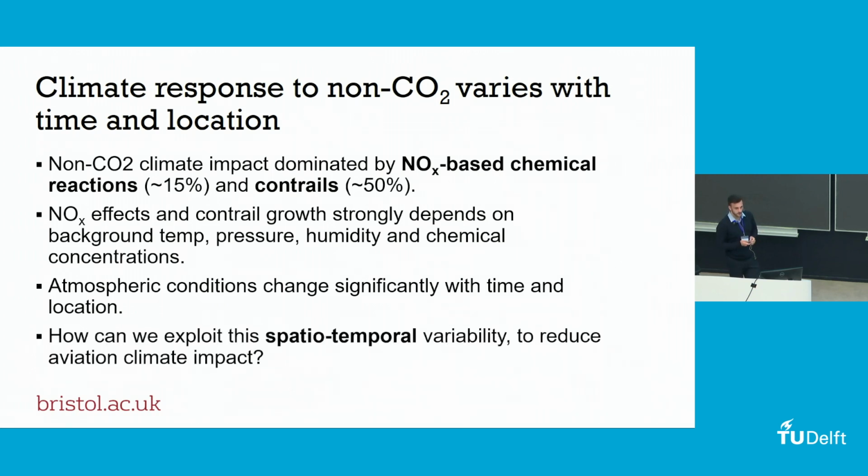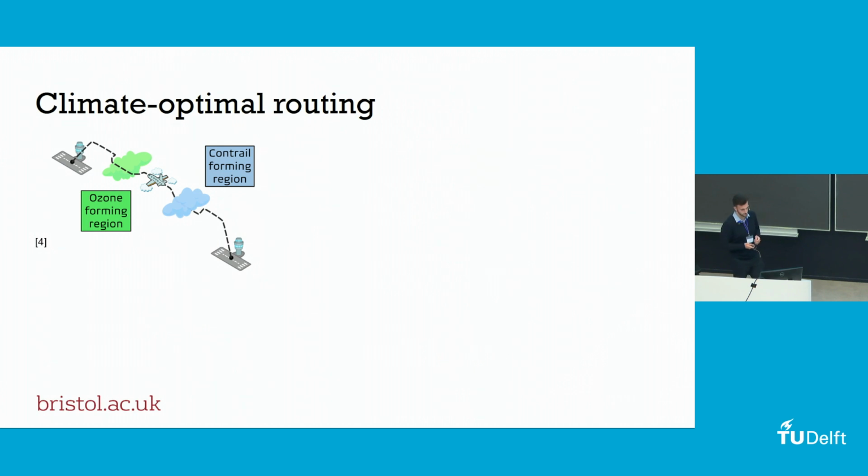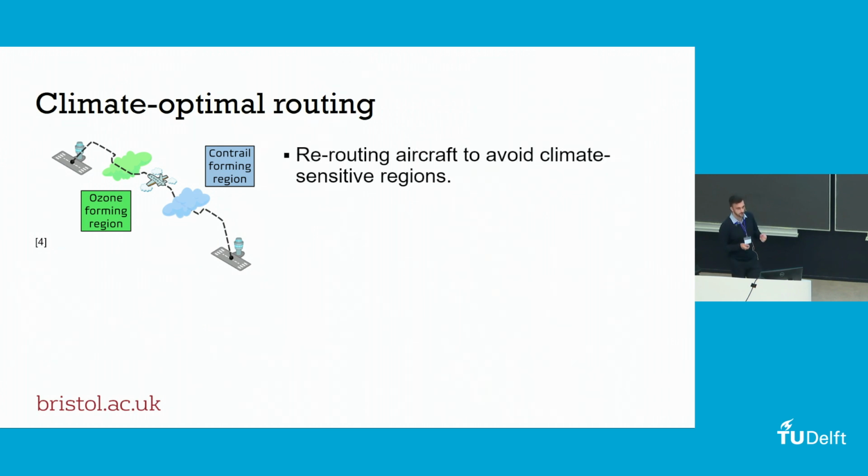So is there any way that we can exploit this spatiotemporal variability and use it to our benefit? There's a relatively well-researched concept known as climate optimal routing, which is effectively where you're rerouting aircraft to avoid these more climate-sensitive regions of the atmosphere.